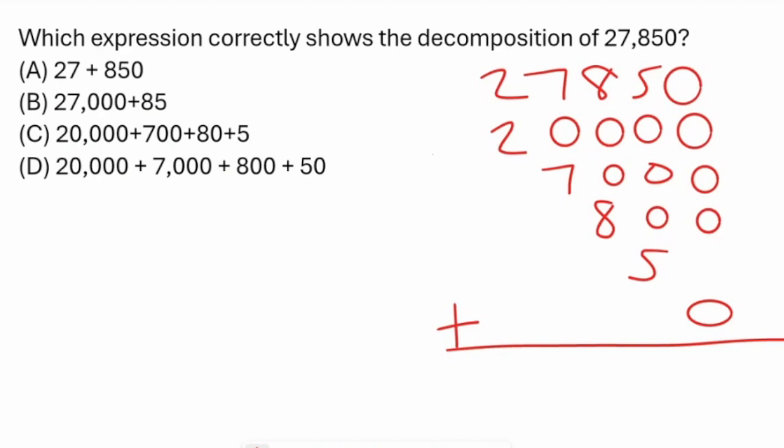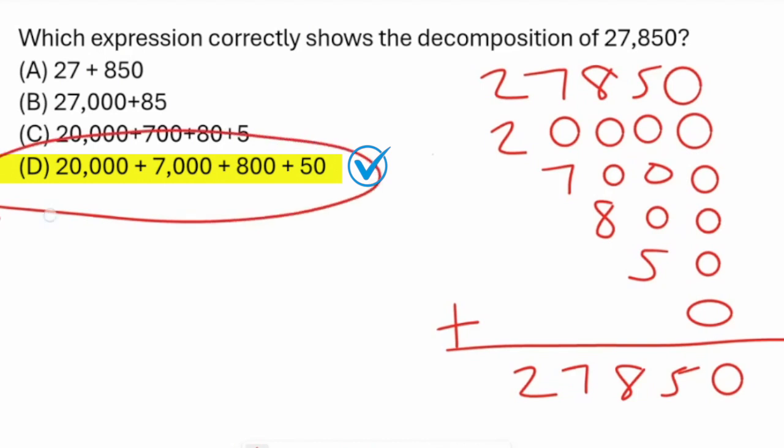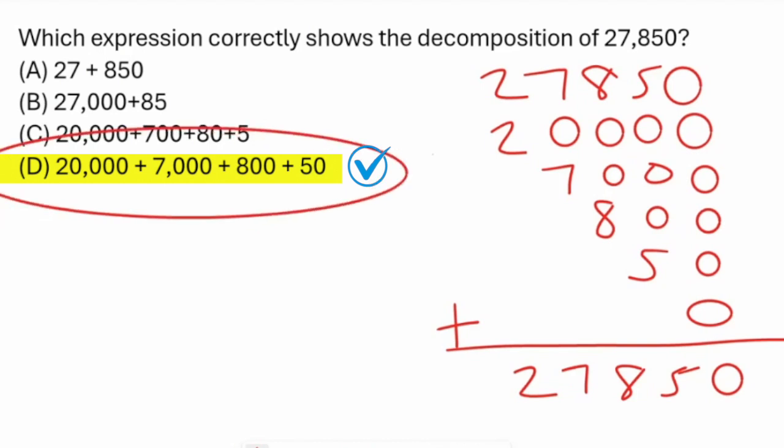Next to the 5, 1 zero. So we have a 50. And if we add up all of these numbers below our original, it's going to come to 27,850. So our correct answer is D, because D is the one that looks like what we just created.